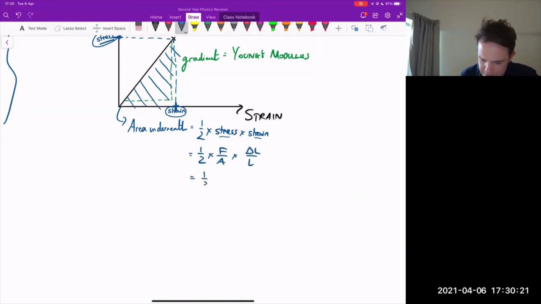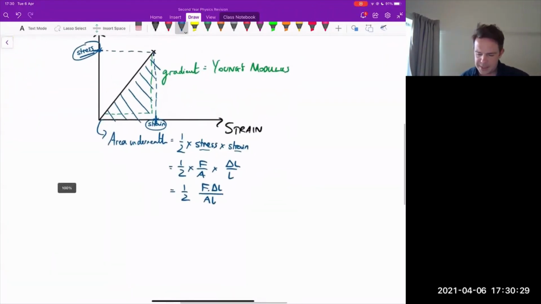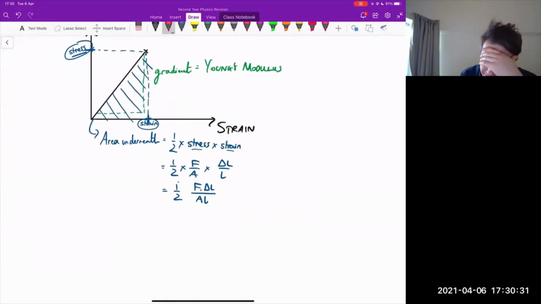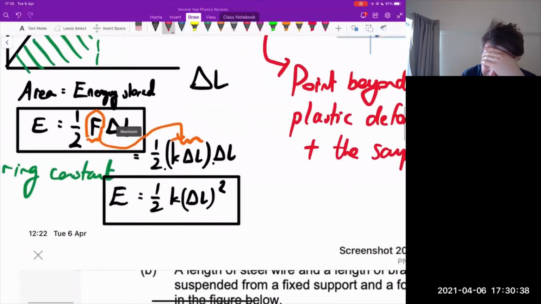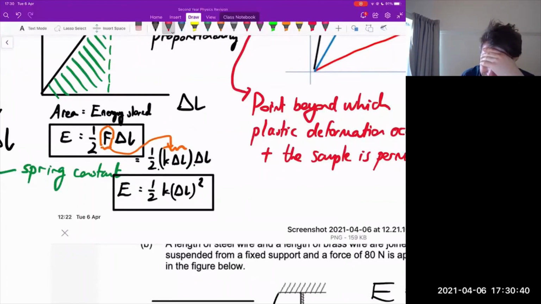Now, if we rewrite that F delta L over A times L, let me show you something. Half F times delta L, we already know, is the energy stored here.